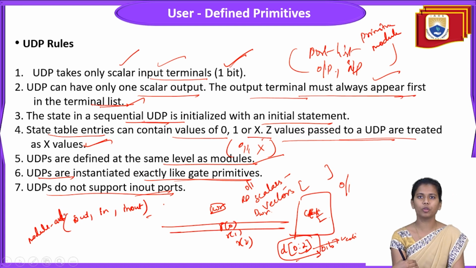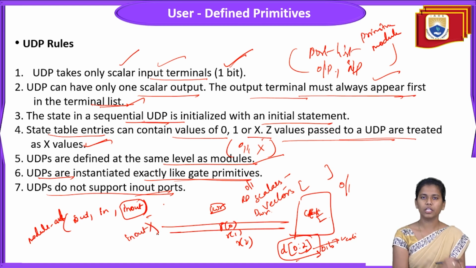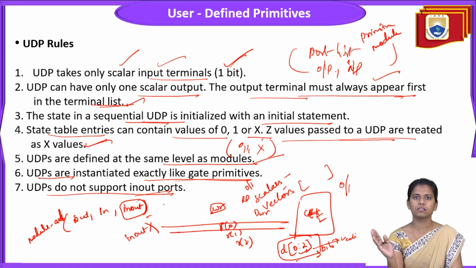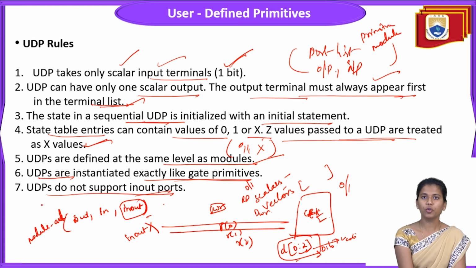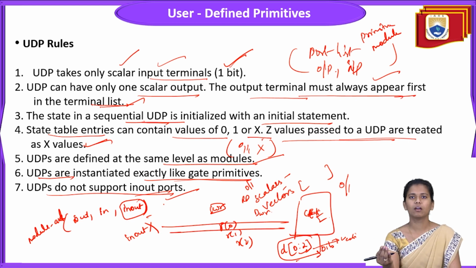Whereas here in this UDP, you don't see any inout ports. You see only input and output ports. So UDP does not support inout ports. It supports only input ports and output ports.